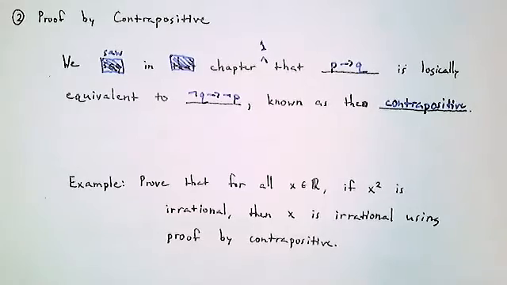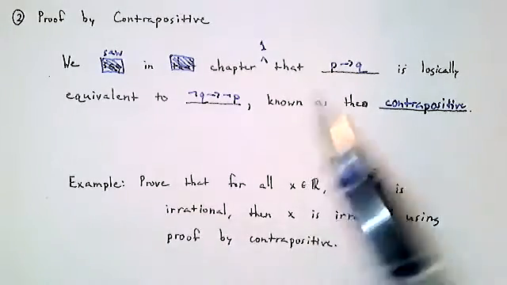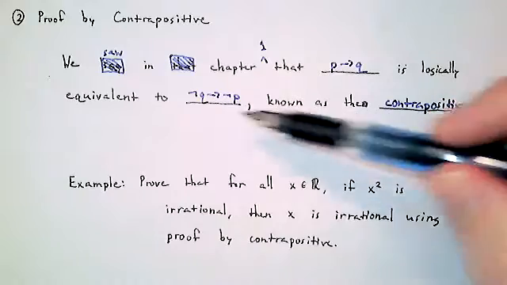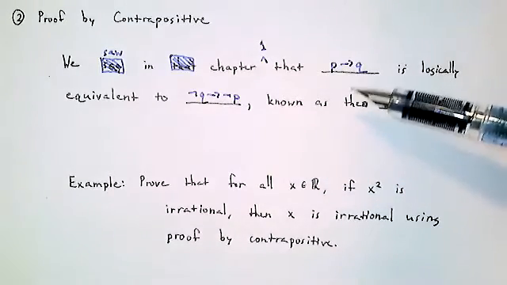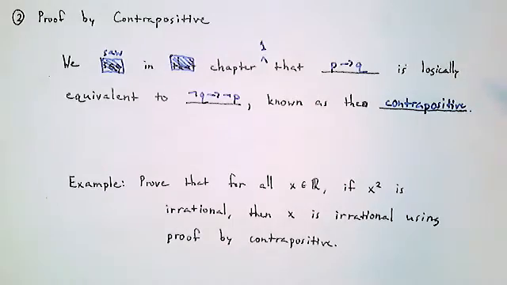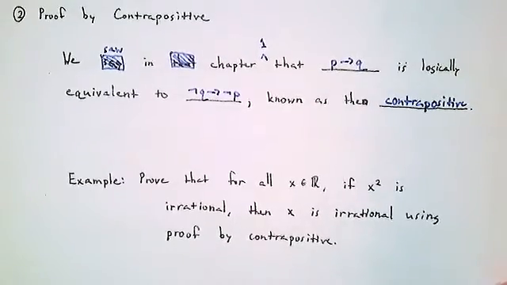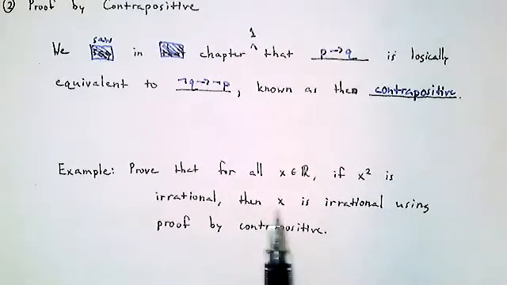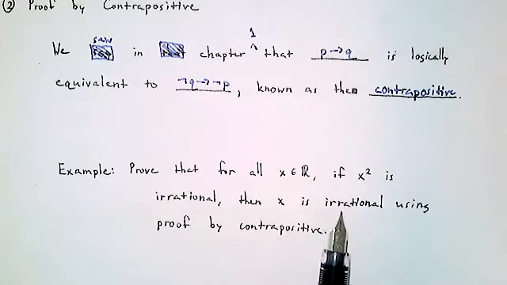So sometimes when you're proving something, it's easier to prove the contrapositive of a conditional than it is the original conditional. So this example is somewhat like the last one that we saw. We have some statement about a number squared, then something about the number itself.